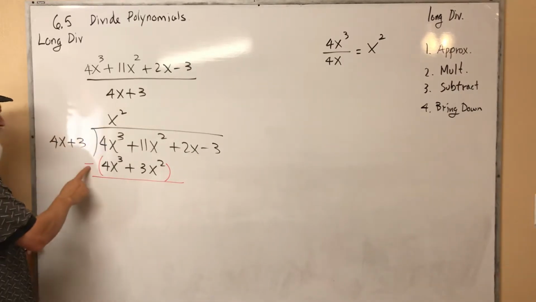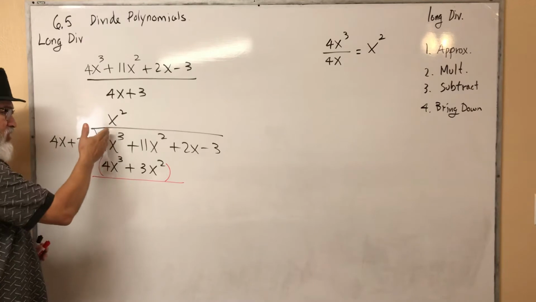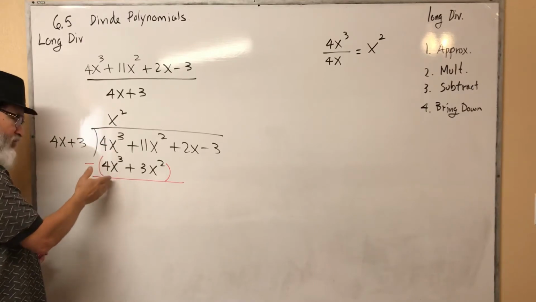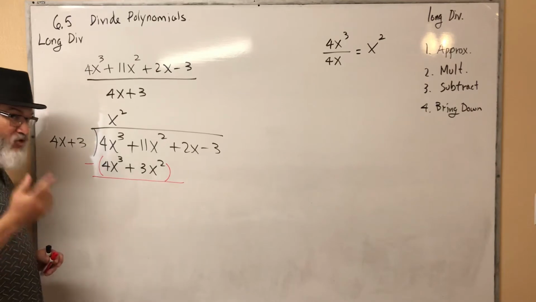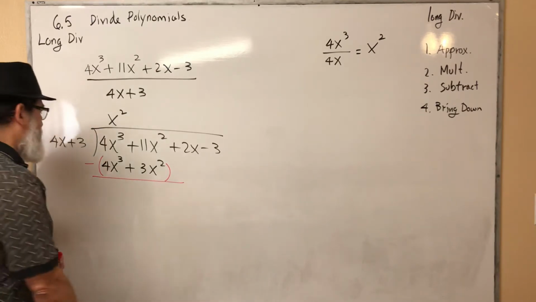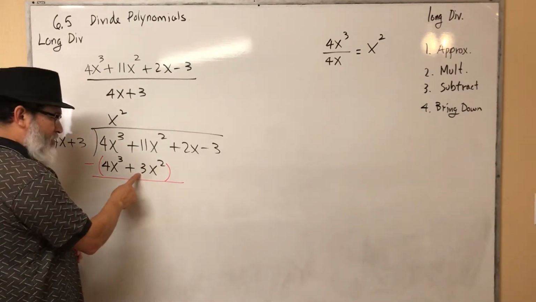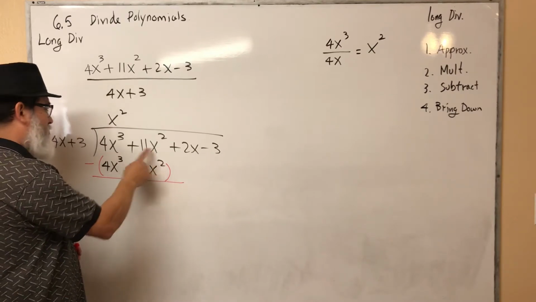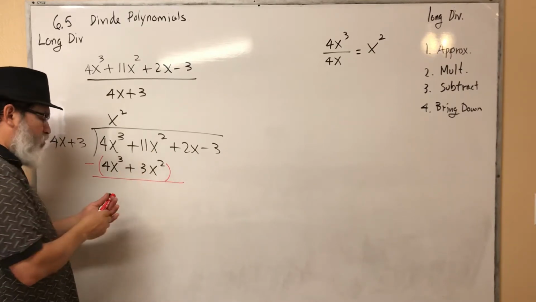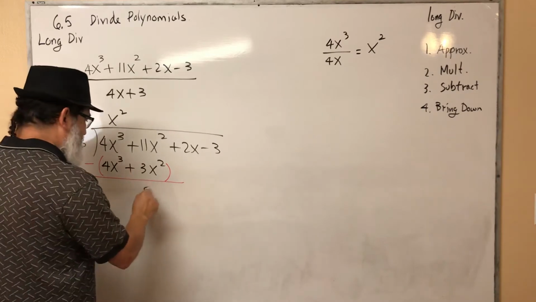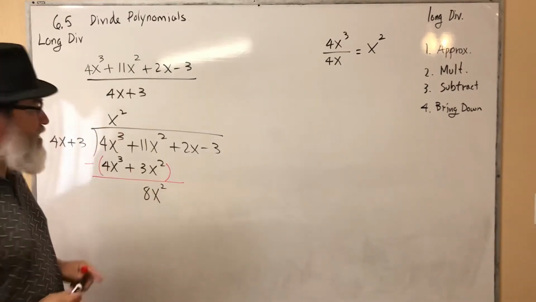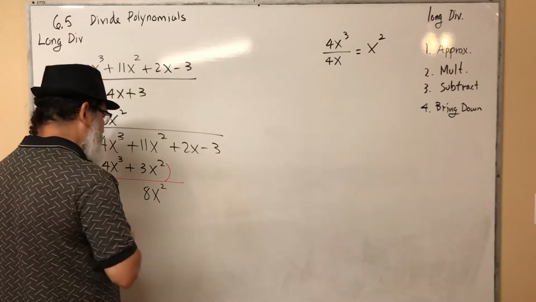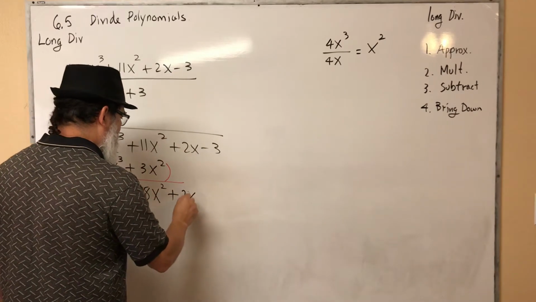When you add 4x cubed minus 4x cubed, you get 0, and that is supposed to happen. If that does not happen, you made a mistake. And this becomes negative. So 11x squared minus 3x squared is what? 8x squared. Subtract, and I'll bring down the 2. Plus 2x.